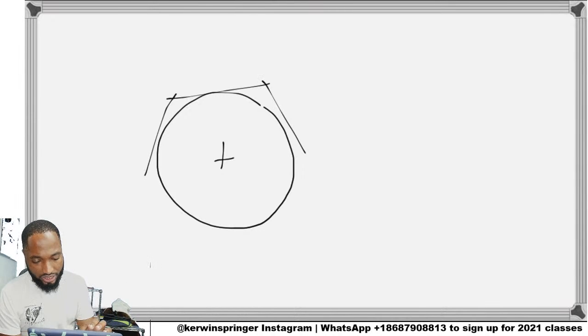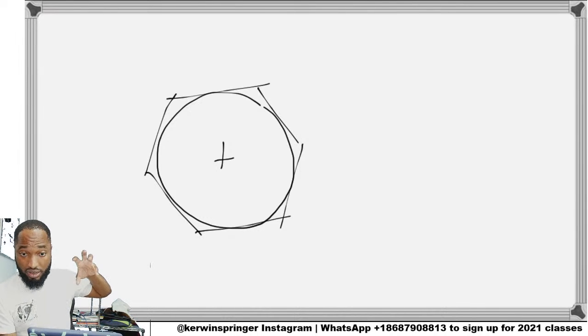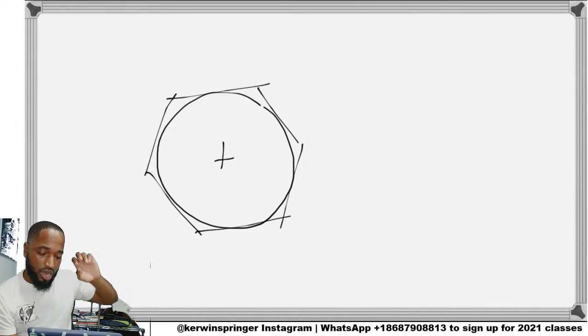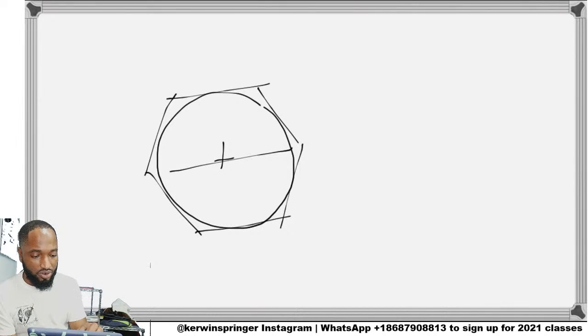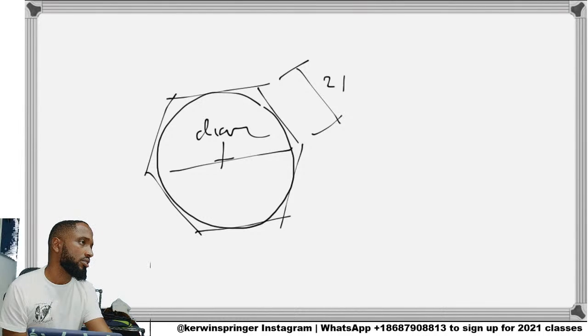Tell me if this is a question. I just saw it here now. If you have a hexagon on the outside of the circle inscribed, and let me say this side to be like 21, what will be the diameter here? Just check this.